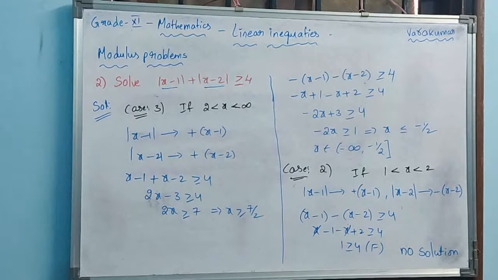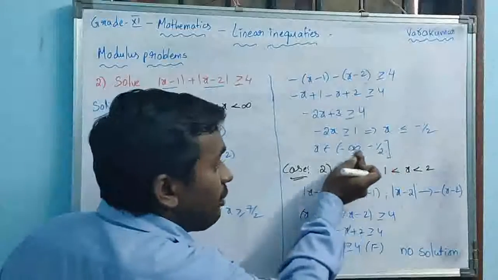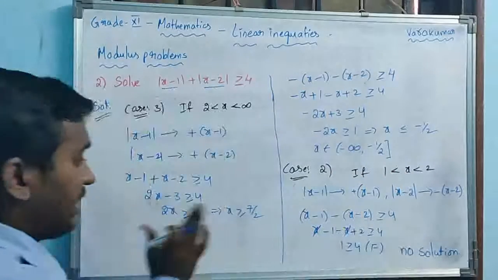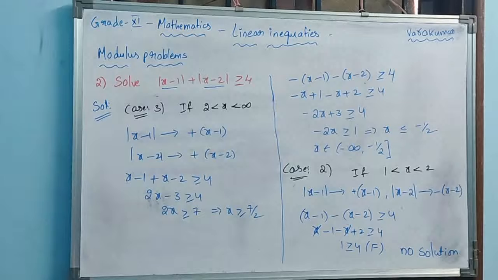Now, case 1, we got minus 1/2 and below. Case 2, no solution. Case 3, 7/2 and above. So what is the final solution?